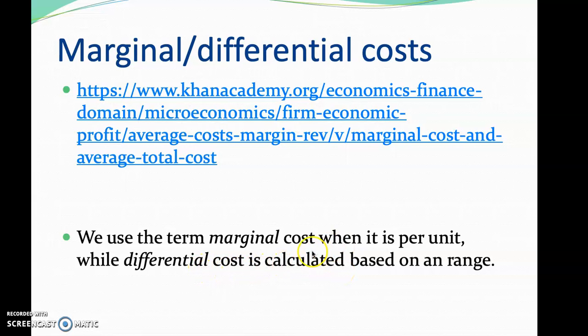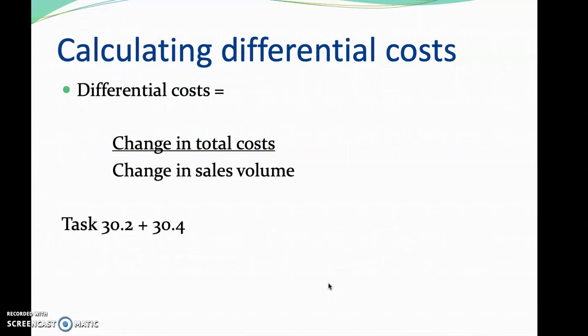So marginal cost is per unit and differential cost is on a range. Calculating differential cost equals the change in the total cost divided by the change in the sales volume.